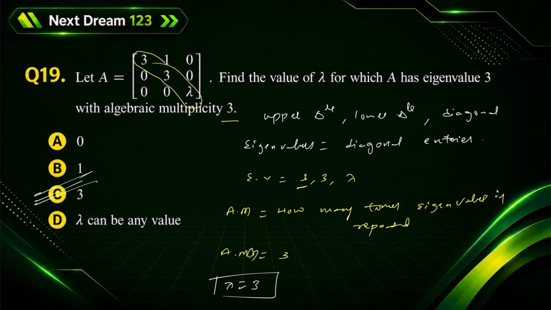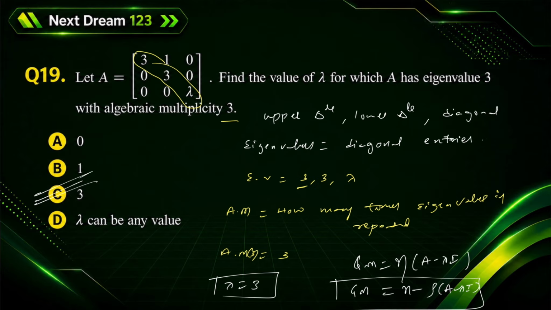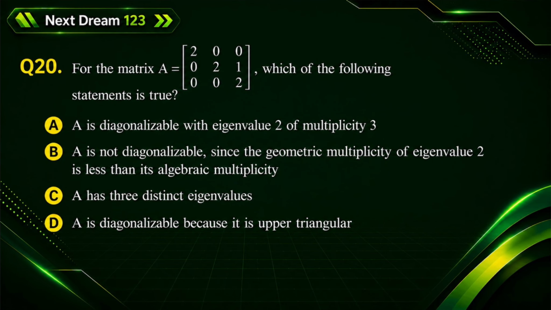We have one famous result whenever they ask about geometric multiplicity: it is the same as the nullity of A minus lambda I, otherwise n, the order of the matrix, minus the rank of A minus lambda I. You should remember this, it is a very important result. Let's move on to the next question.